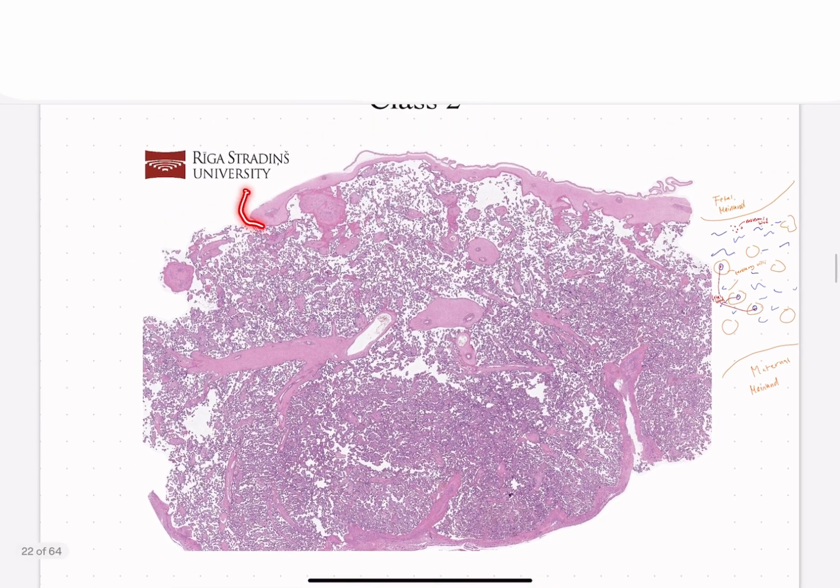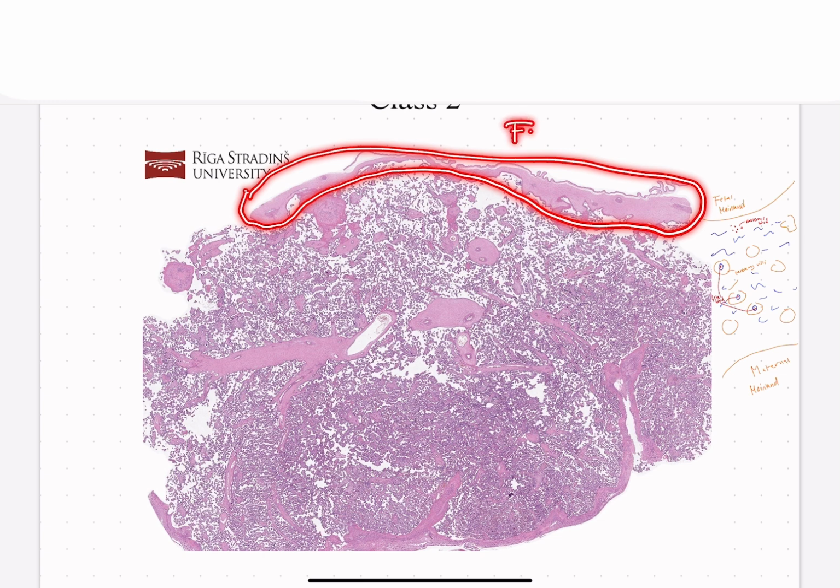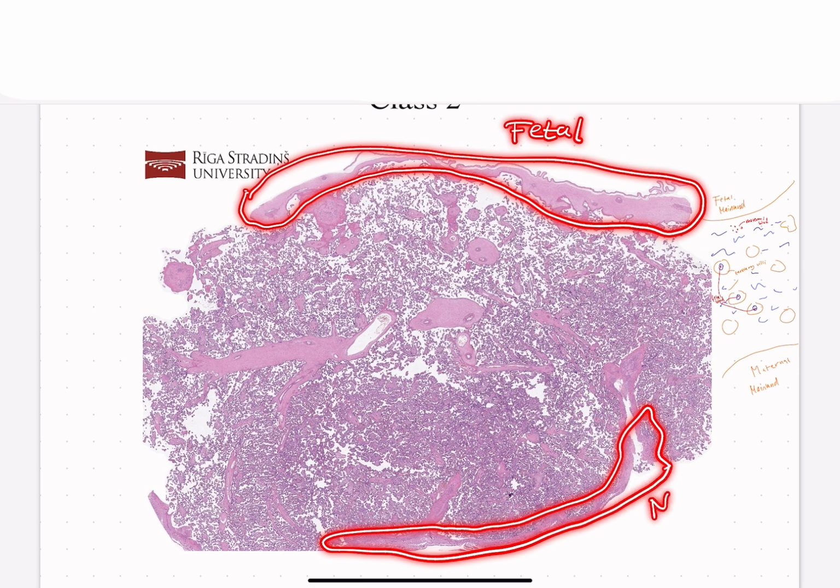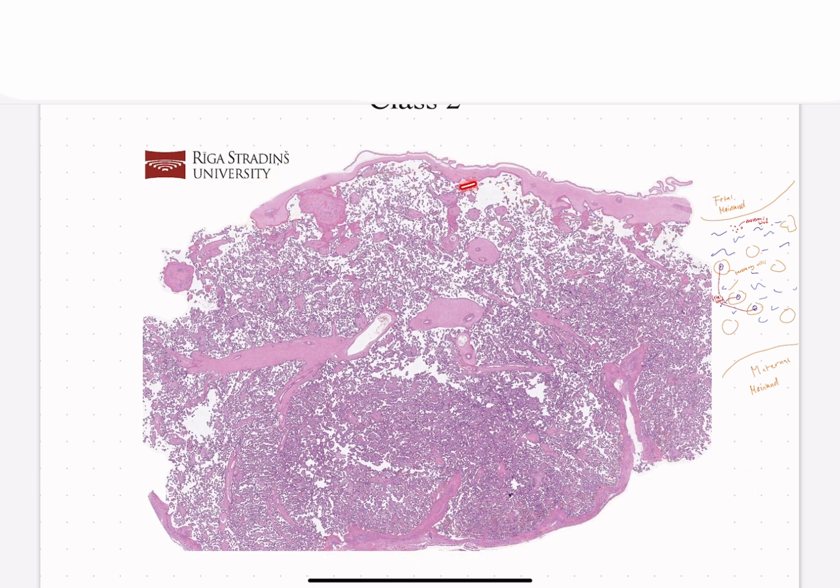It has this area at the top known as the fetal side, and this area at the bottom known as the maternal side. And the things in the middle are called the intervillar space, which is all of the white things, and then also the villi, which are all of the pink things.